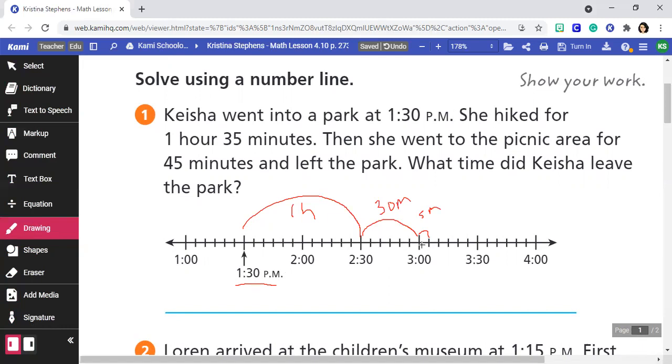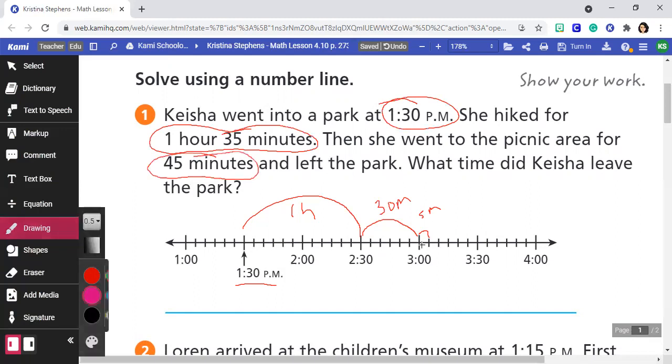All right, we're not done. It says then she went to the picnic area for 45 minutes and then left the park. Well, we started at 1:30. She hiked for 1 hour 35 minutes. Now we need to use our number line to see forward movement of 45 minutes. I'm going to use a different color. So 45 minutes.